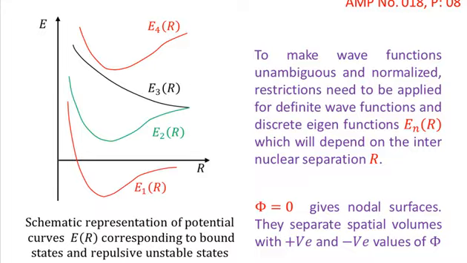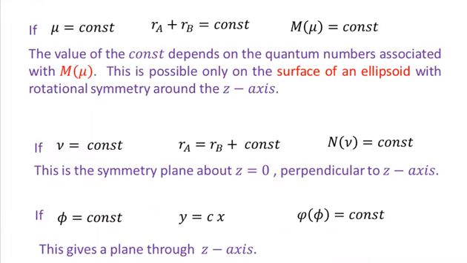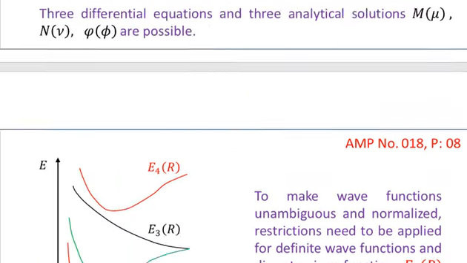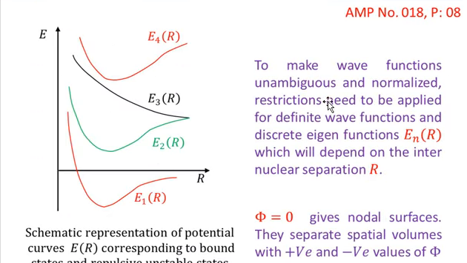To make the wave functions unambiguous and normalized, you know that when we normalize a wave function, it will give us the exact probability of finding the electron in a molecular system. So normalization is required. To make wave functions unambiguous means the wave function should not have two values at a given point.